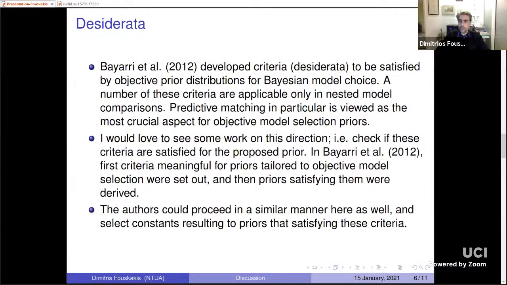Furthermore, in this paper by Susie and the rest of the team, first the criteria for priors were set out, and then the priors satisfying them were derived. So probably this can be done in this paper as well, in order to select the constants that are required to be selected from this prior based on these criteria.